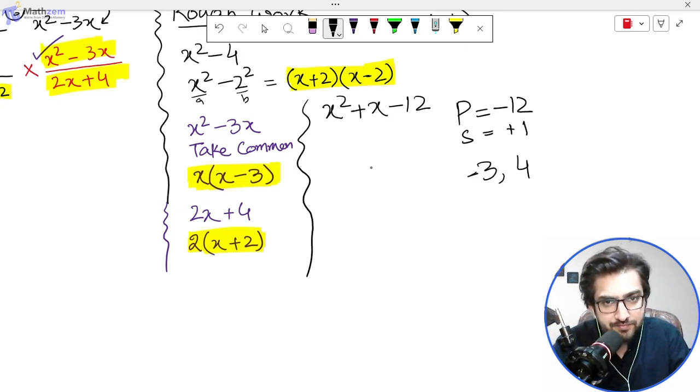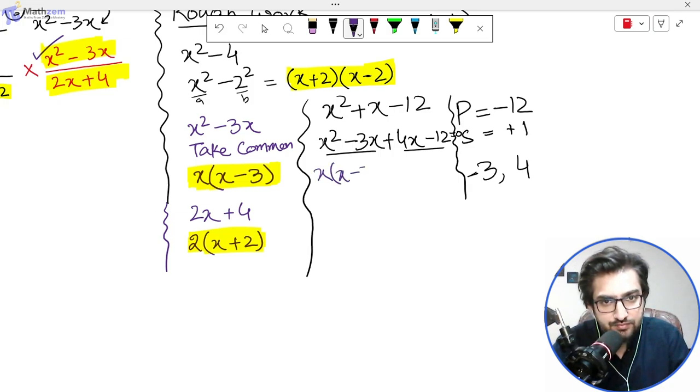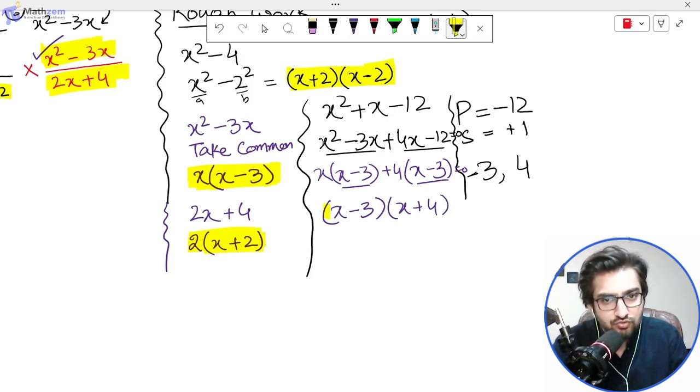So let's put it here. Take common from the first two and then from the last two. x is common there, so x minus 3 plus 4 is common, x minus 3 equals 0, and you can see these two brackets are the same. Write the common bracket and then write what is left, so x plus 4. So this is what we will replace these two by, that quadratic equation.